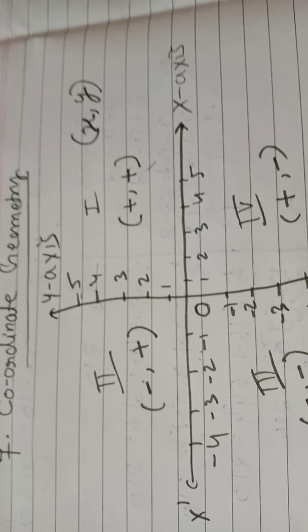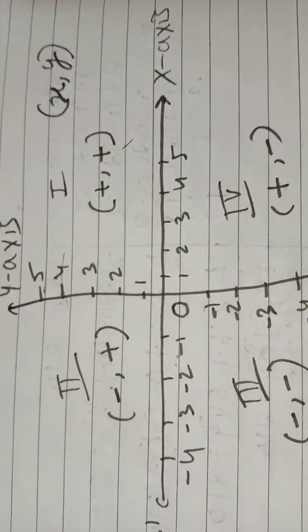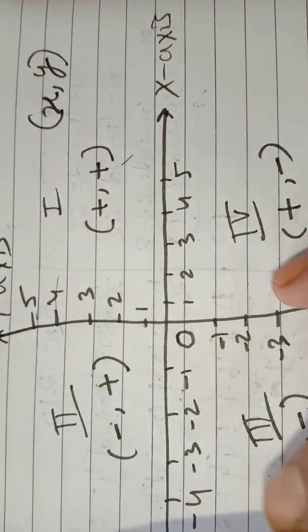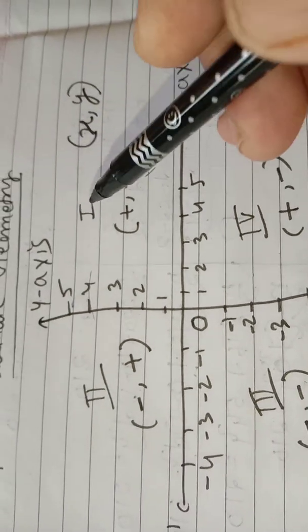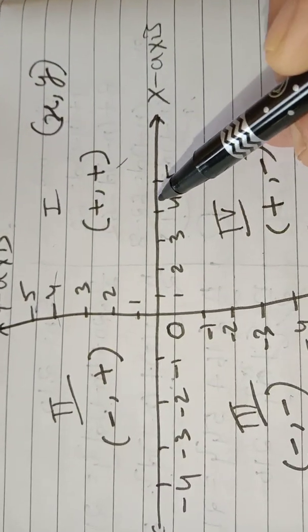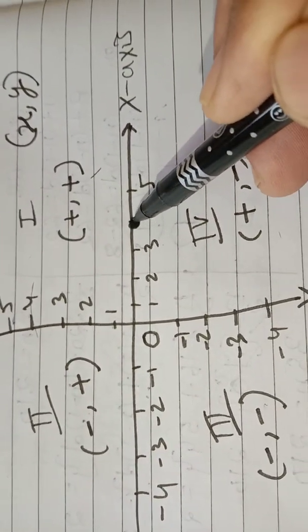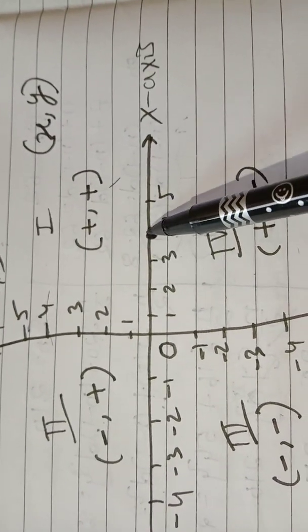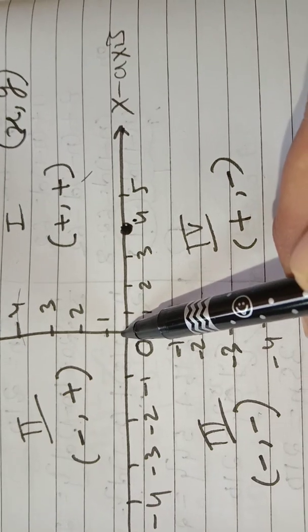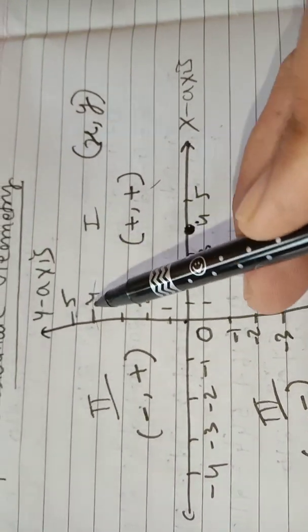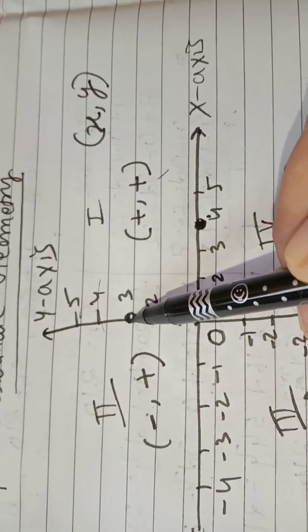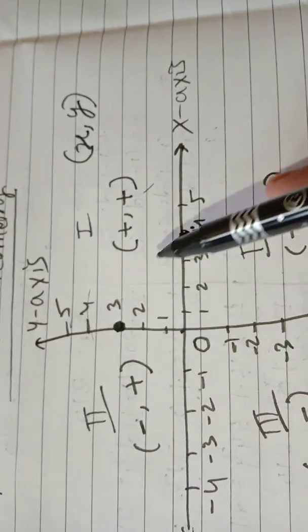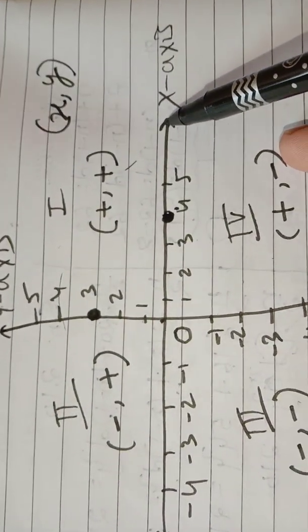Now if we have to find the distance of the given point in the Cartesian system, suppose the point is on the x-axis somewhere here, how much will be the distance of this point from the y-axis, or if the point is somewhere on the y-axis, then how much distance will be from the x-axis.